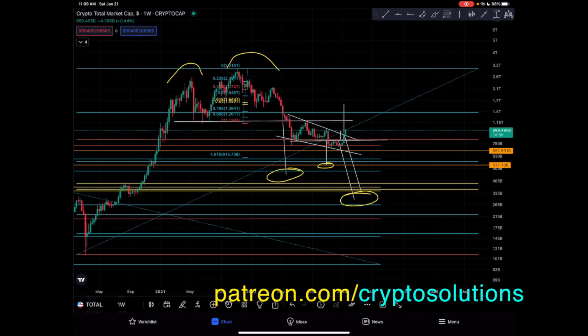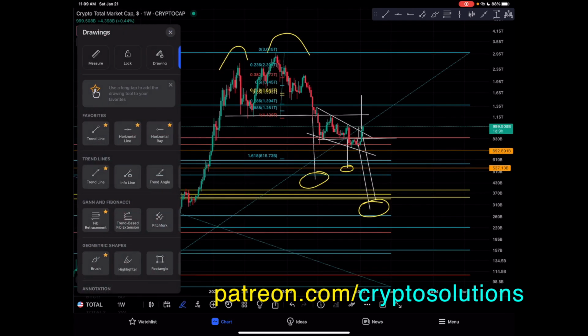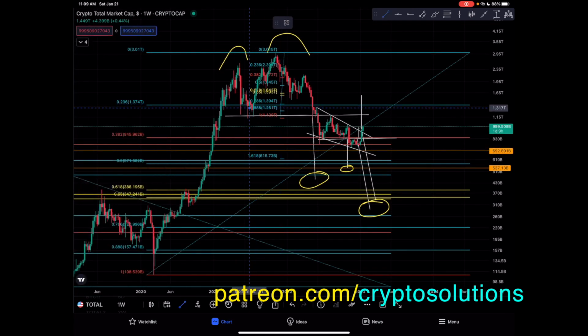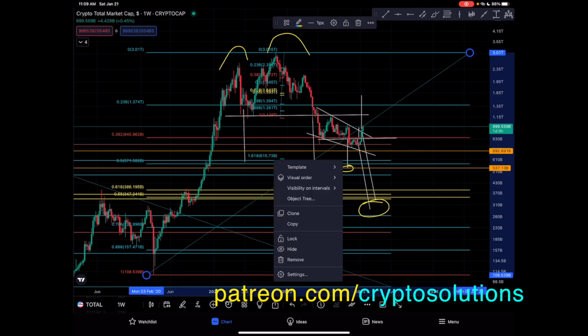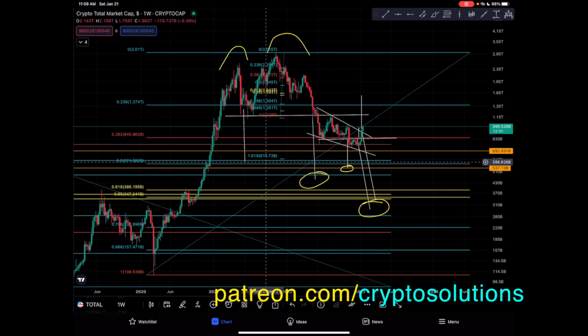That hasn't been met. The double top scenario also hasn't been met, even with the conservative target right here. I'm going to show you guys, from the body candle closes, from here to here, the target will be all the way down around here, around $586.62 billion.